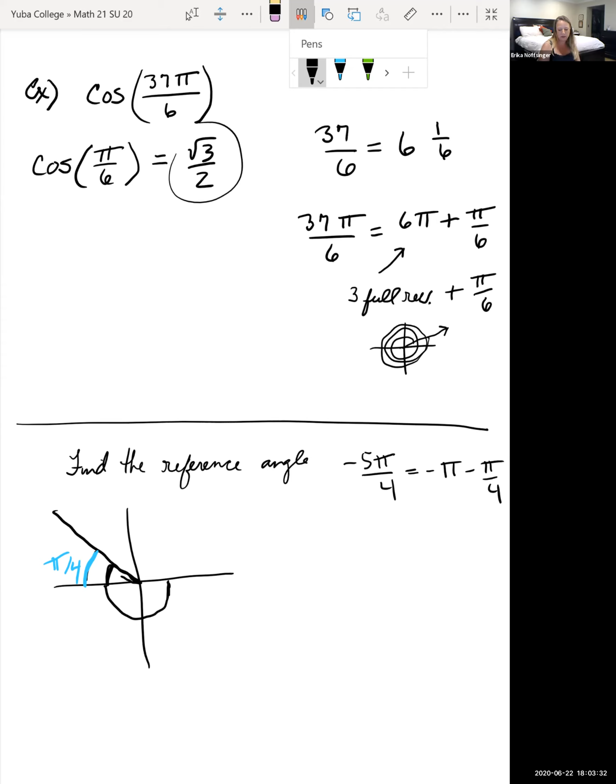The problem is that wouldn't have given you the reference angle. That would have given you this angle right here. And so that wouldn't have exactly given us the reference angle.